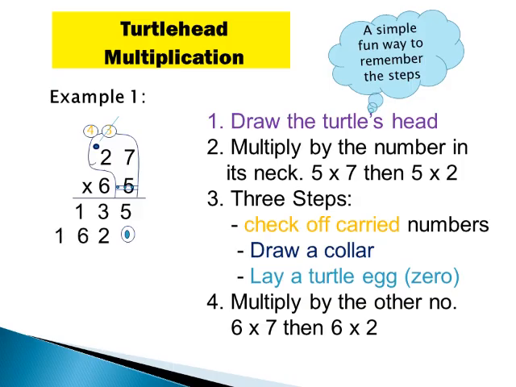The last step is to add the two numbers. 5 plus 0 equals 5. 3 plus 2 equals 5. 1 plus 6 equals 7 and 1. So, 27 multiplied by 65 is 1755.